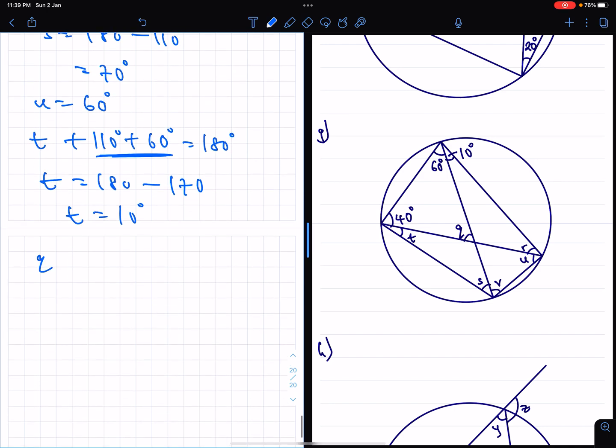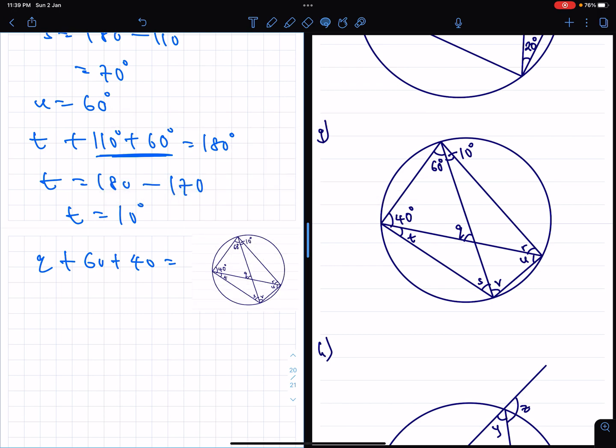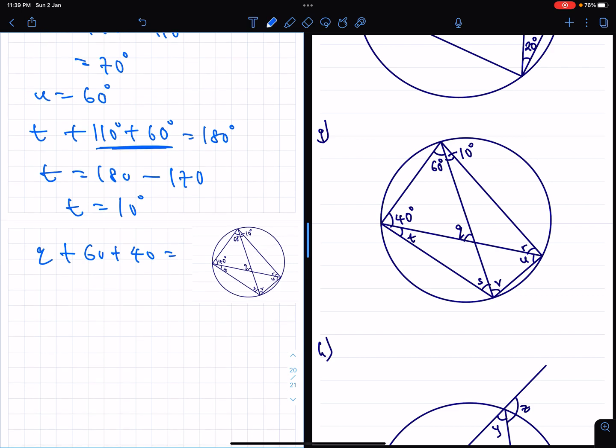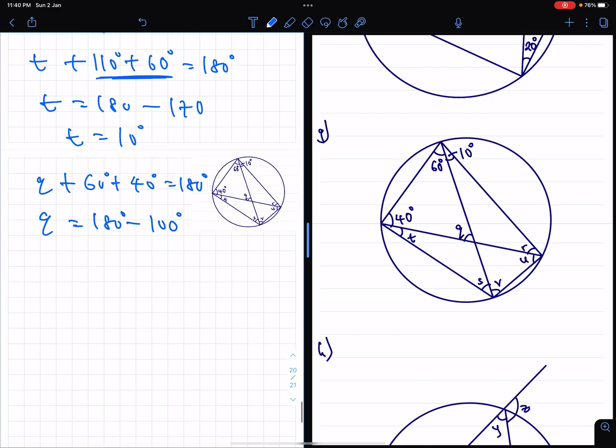So Q plus 60 plus 40 equals 180 degrees, and that means Q equals 180 minus 100 degrees, and that's 80 degrees. Q is simply 80 degrees. What else? We need just R.